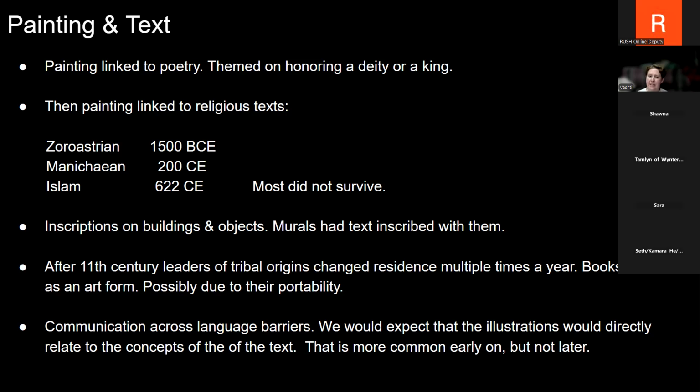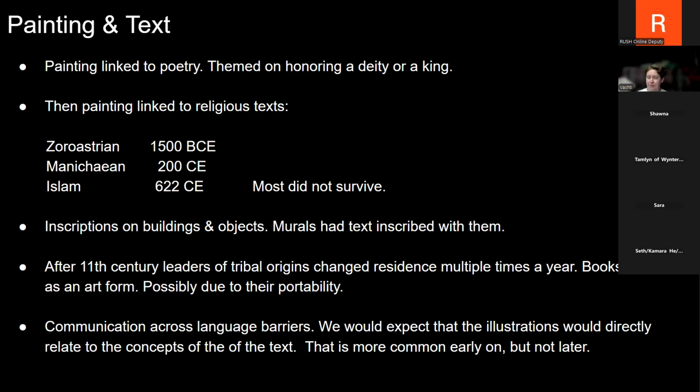And the big change in that, it's not just, oh, it's another outside group, is that you've had a large chunk of this empire taken over by a nomadic group, a group that does not have a monotheistic religion already, that does not have a single ruler necessarily. They rule by family groups. And they continue, even after they've come in and taken over a chunk of the Persian Empire, to change residences multiple times a year.